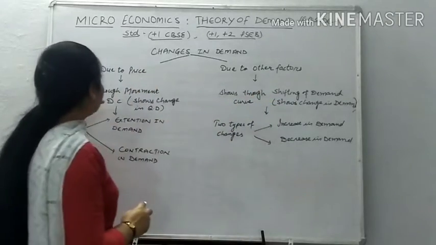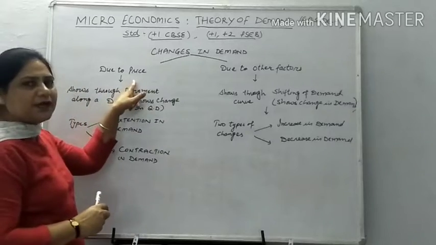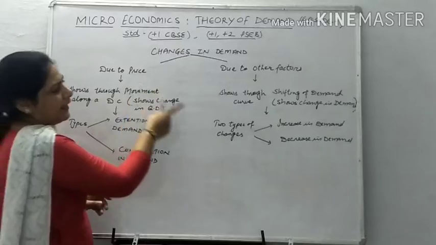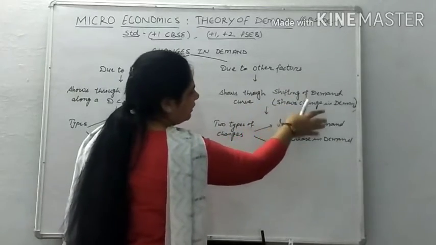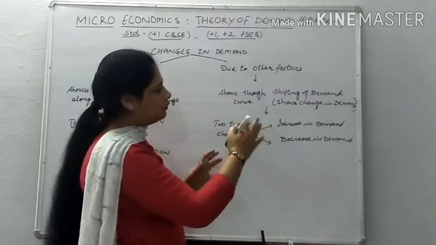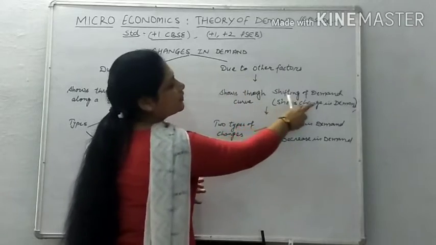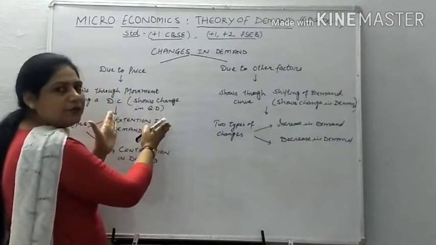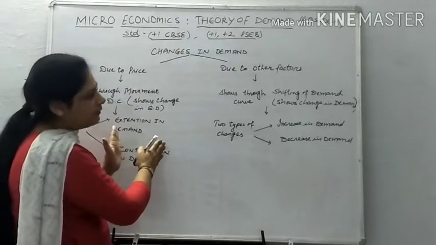Here we show a change due to price as movement along a demand curve, and a change through shifting of demand can be shown as change in demand. We call it movement along the demand curve, meaning change in quantity demanded.